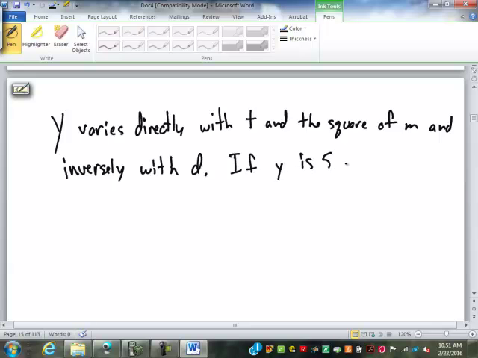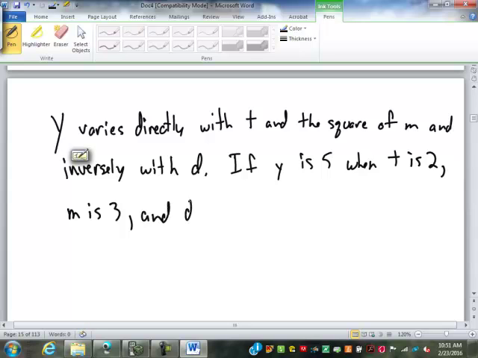If y is 5, when t is 2, m is 3, and d is, what do we want to put in here? 36.